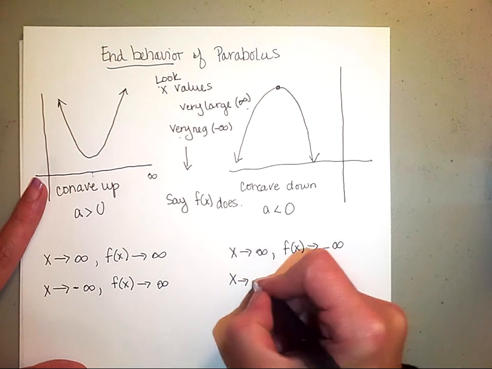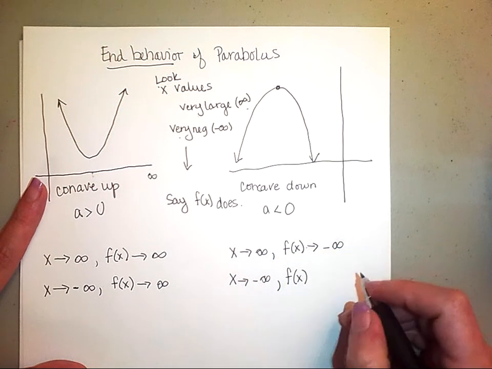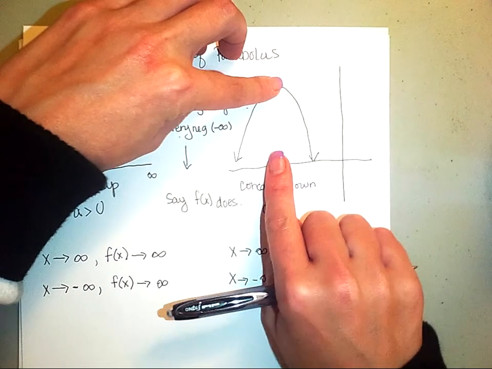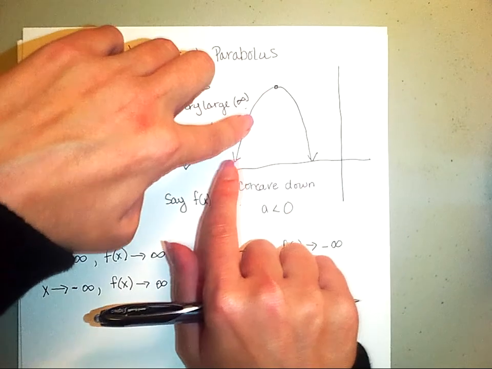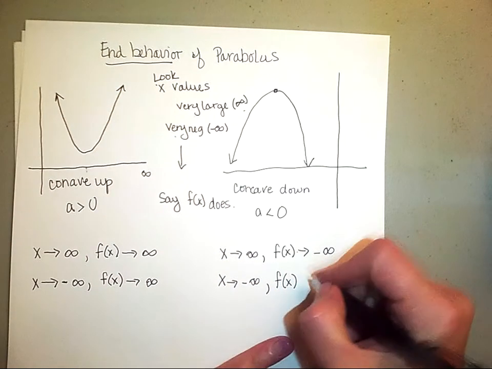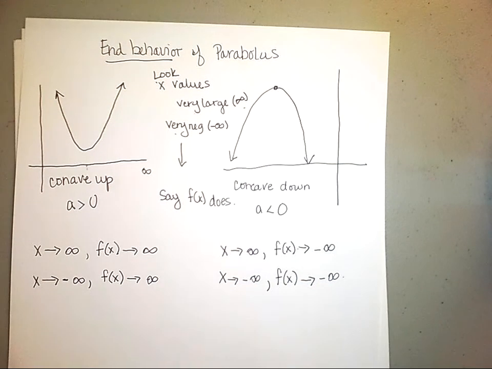And we could do it the other way too. Let's look at what happens when x gets very, very negative. What is happening to the function values here? As x moves towards negative infinity, once again, the function values are diving, and so f of x is also headed to negative infinity.